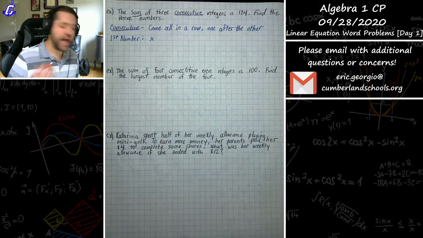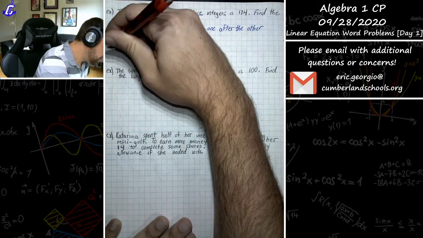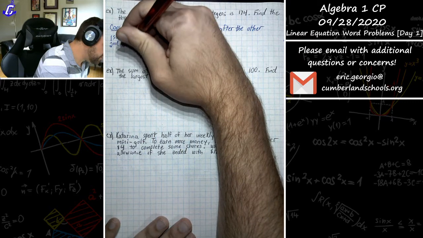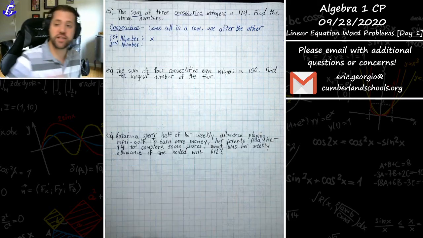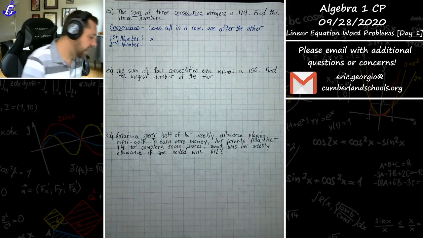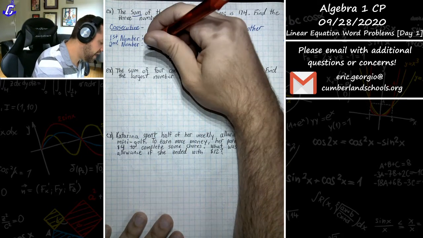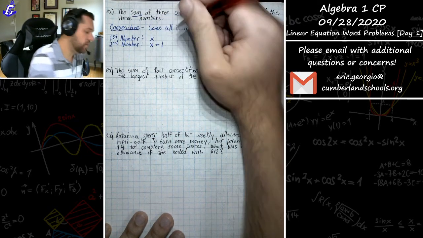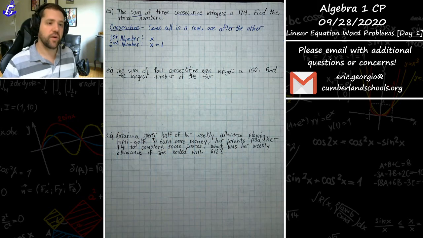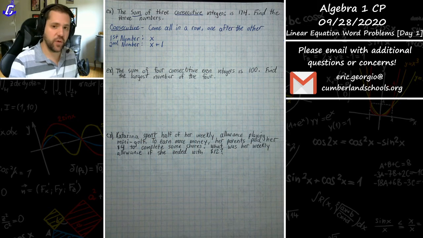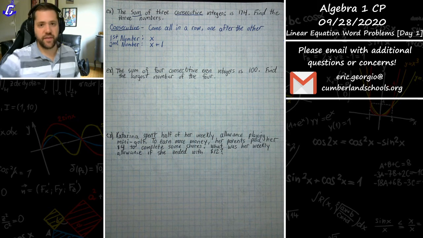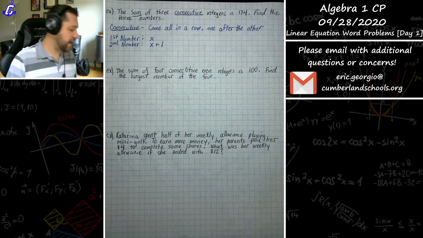Now, if my second number is going to be consecutive to the first, meaning it's going to come right after it, I'm going to say, well, if my first number was x, my second number will come right after that first one. Or in other words, I can represent that with x plus 1. Think, if x were 6, then the second number would be 7, the number right after it.